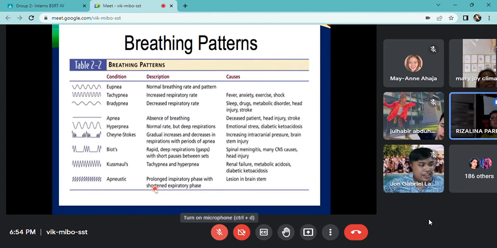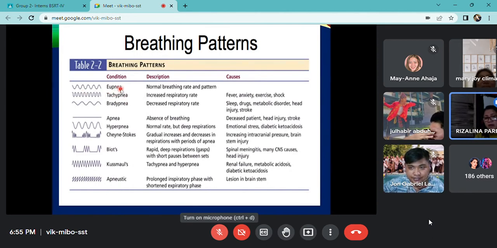So describe the level of respiratory distress and possible breathing patterns. Please picture this slide, because you will also need to study the causes of our conditions.